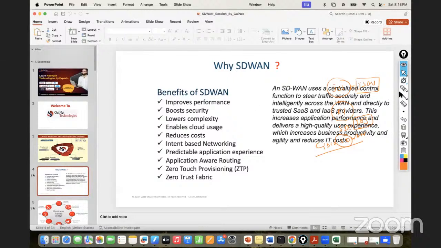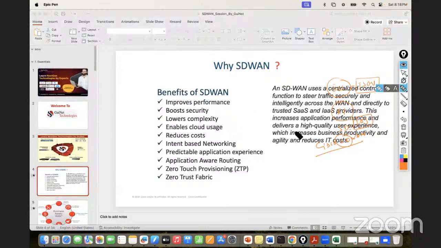It could be your MPLS connection; even with SD-WAN you can use MPLS, right? You can use the internet as well. This internet could be your 4G, your 5G, LTE, which is 4G again, or any broadband circuits. It could be anything.